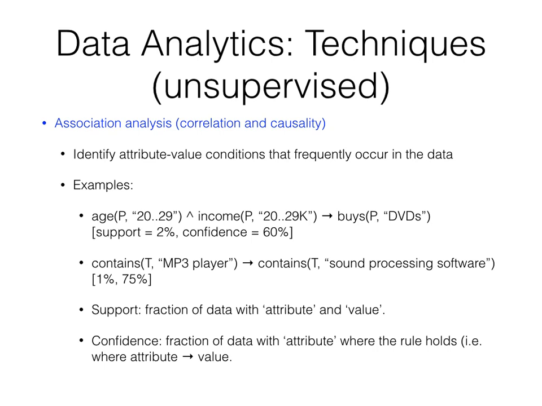So confidence is how often the rule holds, for the fraction of data where the first part's true, where the second part happens. So the fraction of transactions that have MP3 players that also have sound processing software. So it's how confident you are that the rule follows. We're not really going to talk about association rule analysis in the class either.